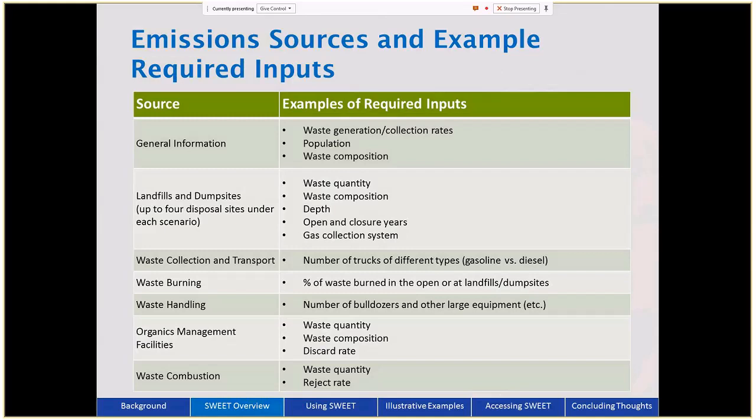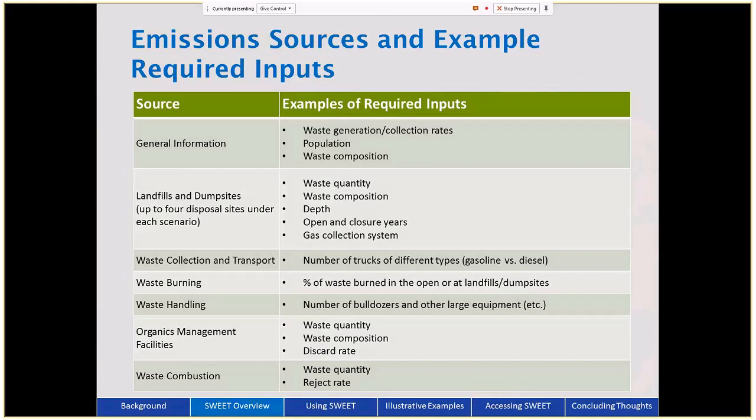We ask for an estimate of the composition of the waste that goes to those facilities. The composition of the waste that goes to a compost facility is very likely going to be different from the composition of the waste going to your landfill, so we want to distinguish between those waste streams.